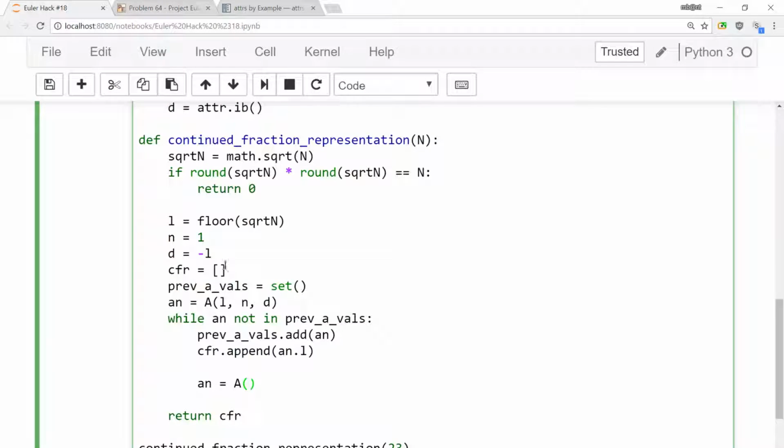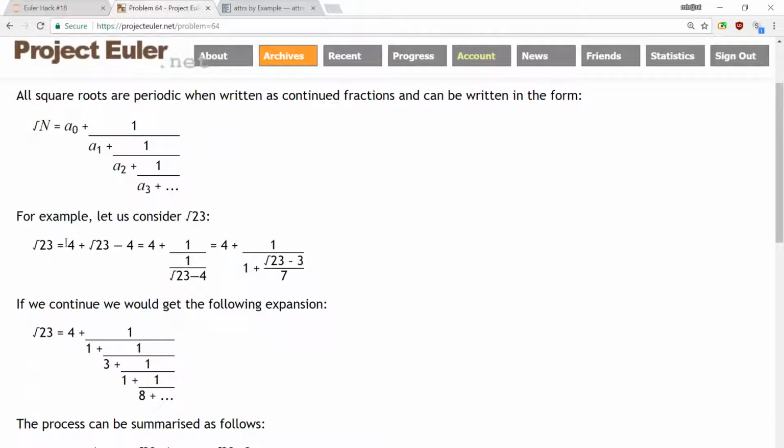I think this step seems to be okay. I think this is okay. Let's see.